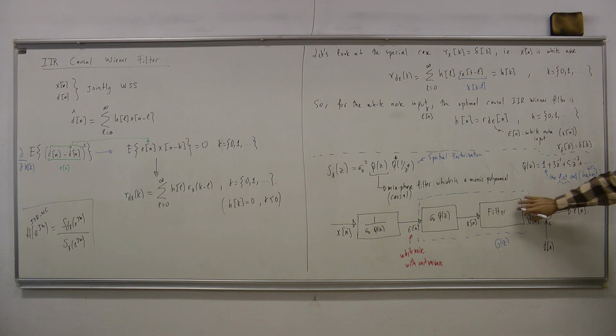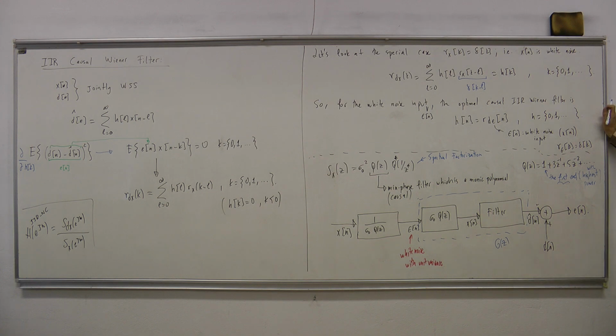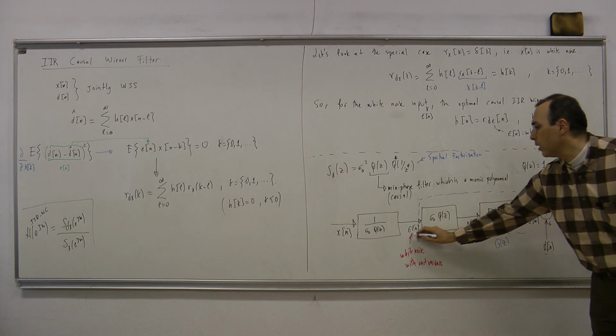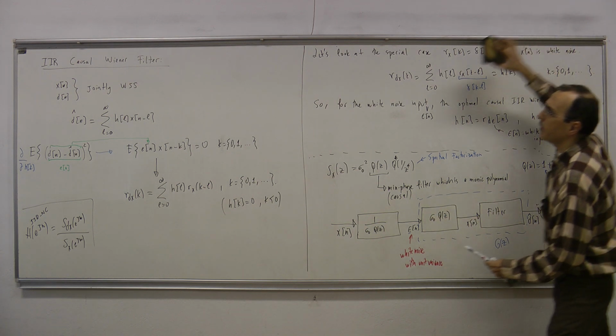So can I design this G of C? Indeed, the optimal design is, this G of C is SD epsilon of C. Okay, but I should be careful. This should be a causal filter because of this constraint. So can I do this? Of course, provided that I can calculate the cross correlation of this and that. Okay, if I can calculate that cross correlation, I can design this filter in this dotted box. So let me write that.